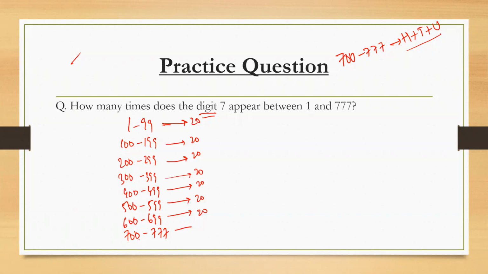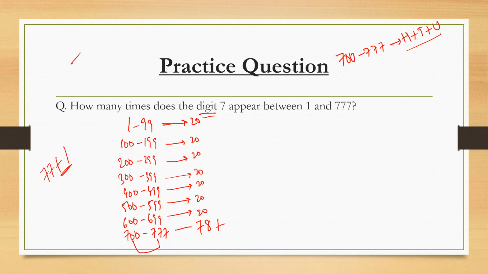So here, first of all, we are calculating the number of times the digit 7 appears in the hundreds place. So simply subtract here, that is 777 minus 700. That is 77. And then you will add plus 1. Don't forget this aspect, if you are including both of them. So here we are talking about 78 times.